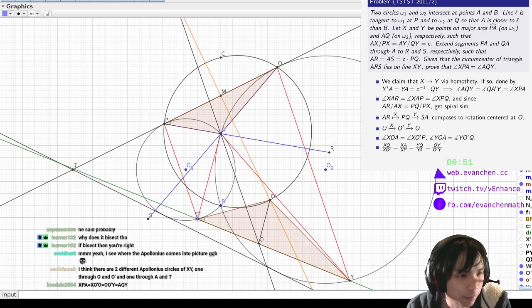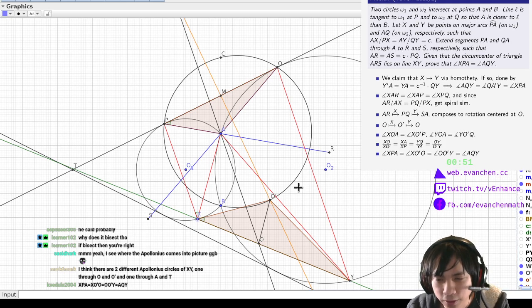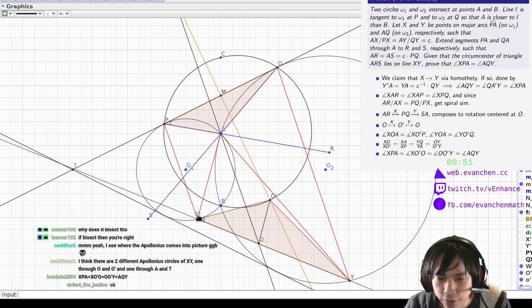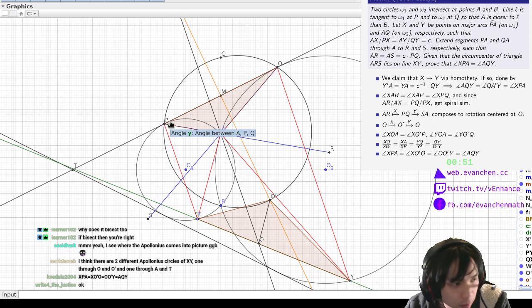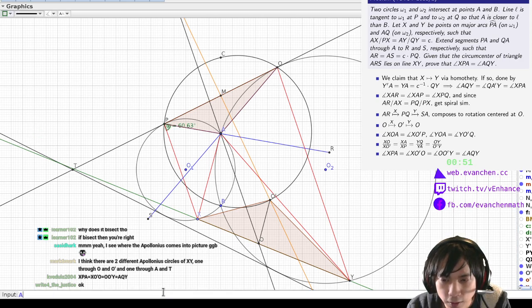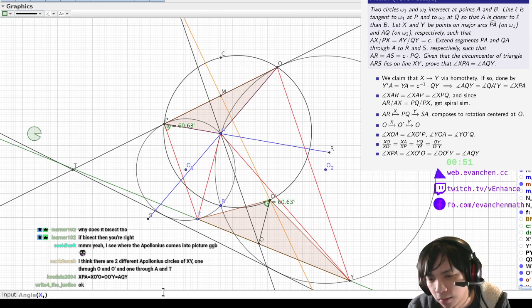I got so sidetracked by this point O that I didn't. Okay, so what happens is the collinearity makes the angle bisector theorem apply, and on the other hand angle XP... it's therefore the angle bisector theorem.